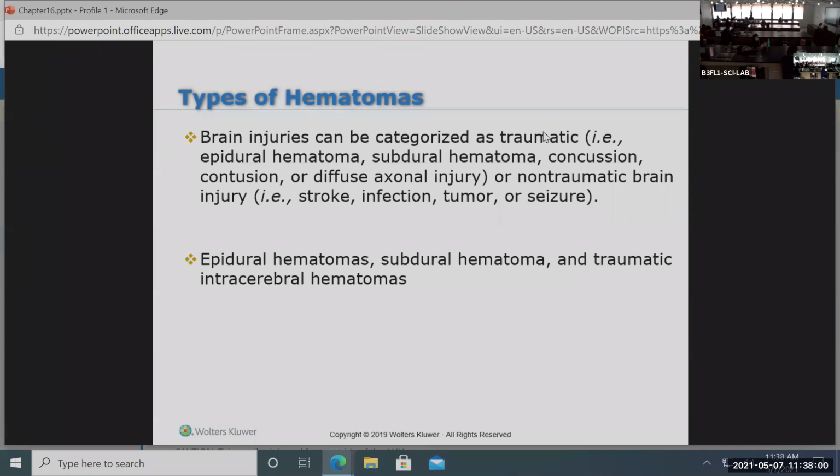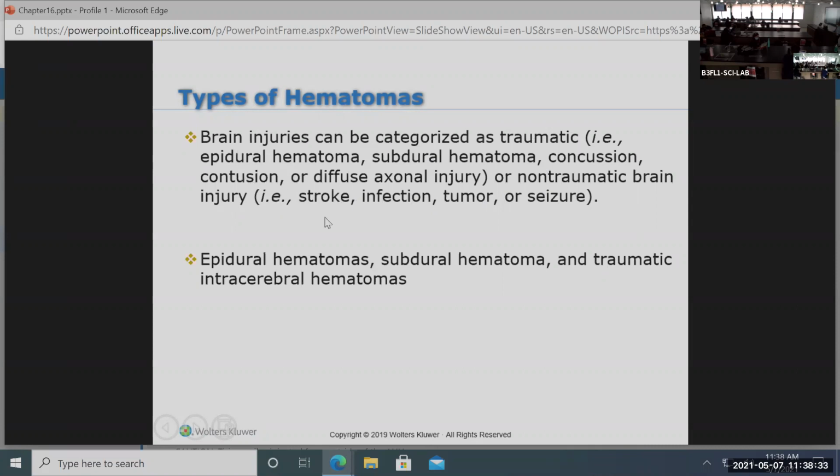Brain injuries can be categorized as traumatic, and that is epidural hematoma, subdural hematoma, concussion, contusion, or diffuse axonal injury. Please remember concussion, contusion. And then we do have epidural hematoma outside the dura, subdural below the dura, and intracerebral.